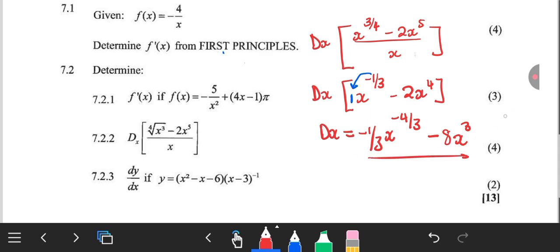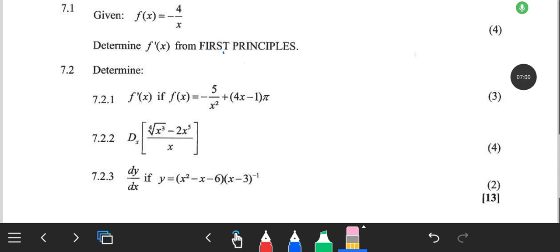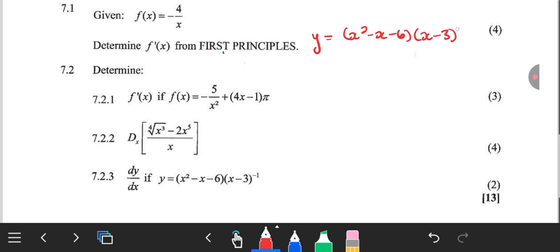Okay, so now let's look at 7.2.3. The equation we're given also needs to be fixed. So we're having y is equal to x squared minus x minus 6, and then x minus 3 to the power of negative 1.